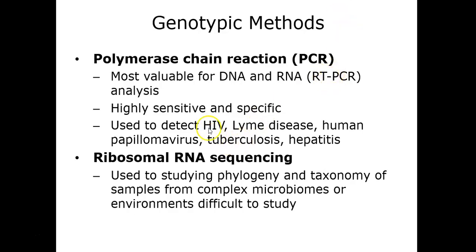And we use it to detect things like HIV, Lyme disease, HPV, tuberculosis, and hepatitis, some of the big tests that we use this for. And then obviously we can sequence. We can take things like DNA and RNA, and we can understand the series of bases that comprise that organism's genetic material.